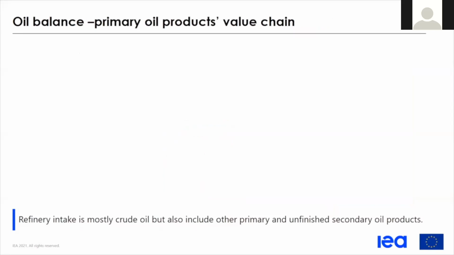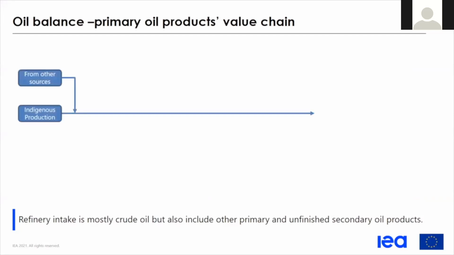So now let's have a look at how we could represent the chain of flows for each product. Let's first look at the primary oil products. The refinery intake is mostly crude oil, but as I told you before, it can also include some other primary and unfinished secondary oil products. But let's keep it simple for now.